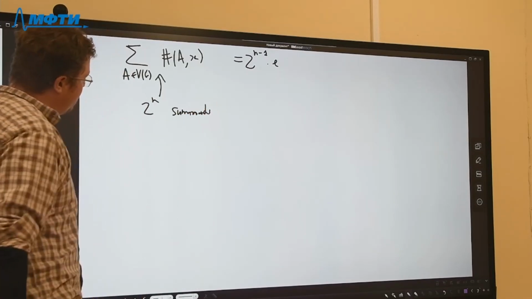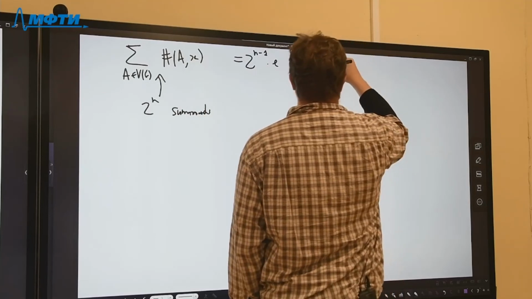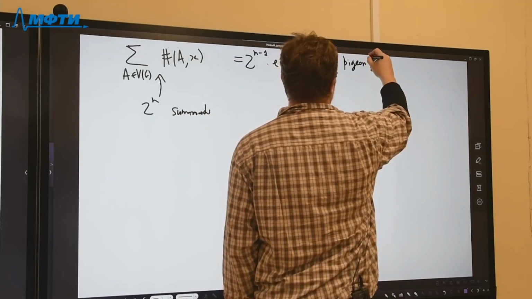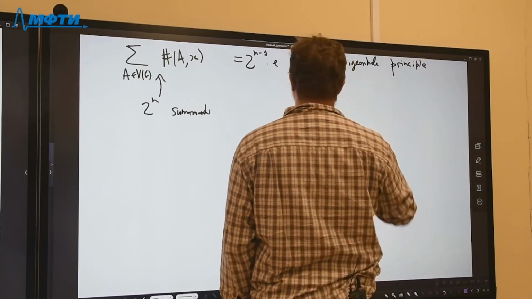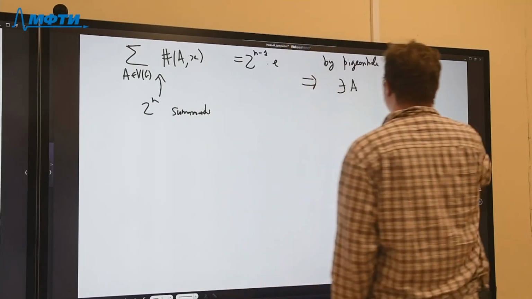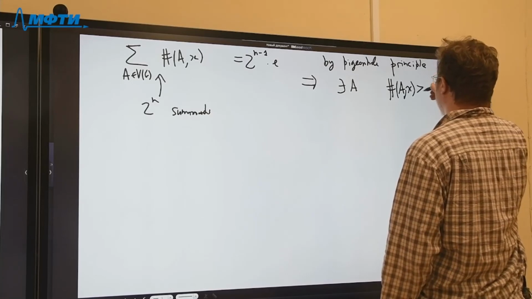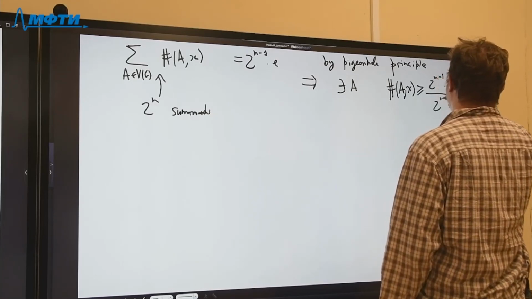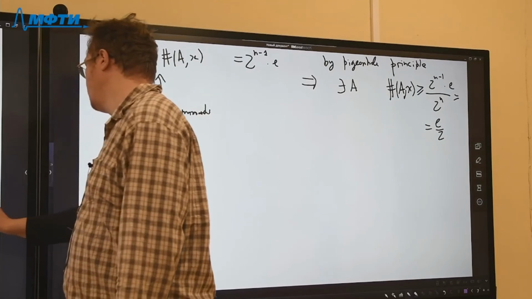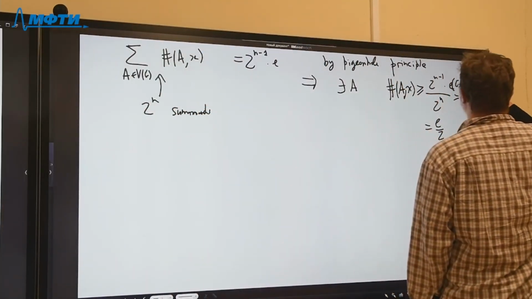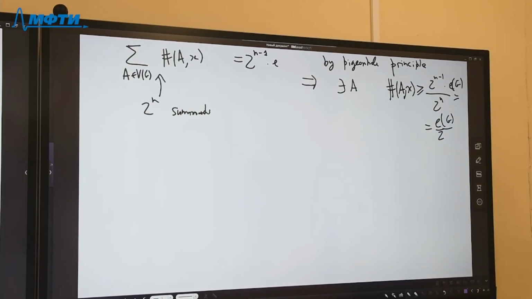By the pigeonhole principle, we obtain that there exists a subset A for which the count is at least the average, which is E over 2, where E is the number of edges in our graph G.